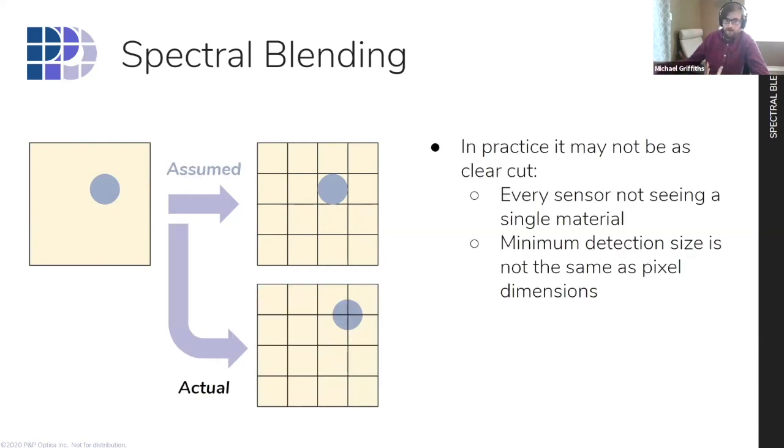However, in reality, this isn't necessarily the case. Objects can fall across multiple sensor locations, and each pixel might be seeing multiple materials. As a result, you wouldn't necessarily see a clean signal of chicken or plastic only, and instead see a combination thereof.